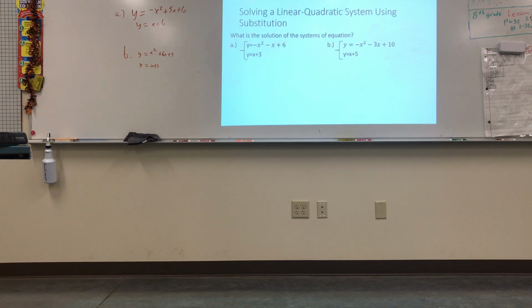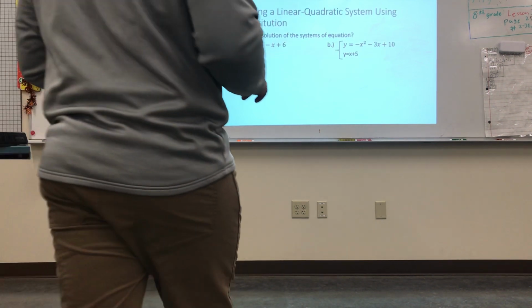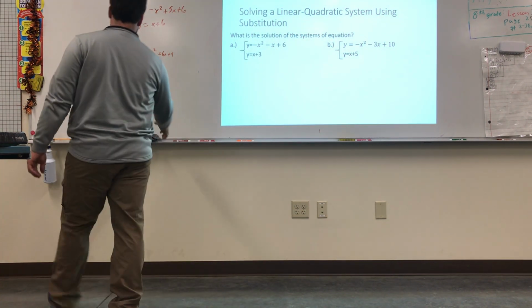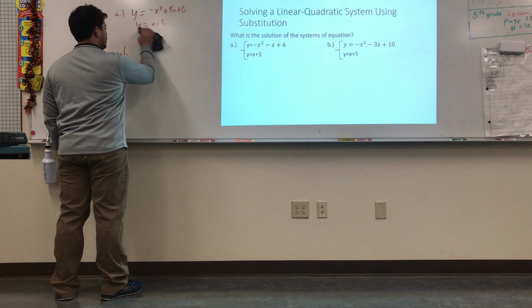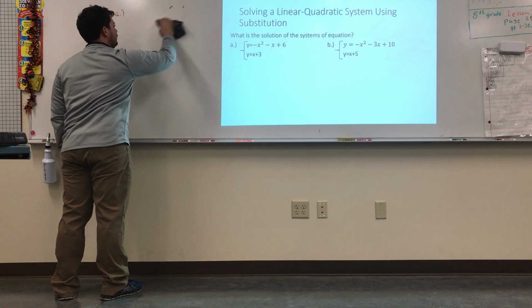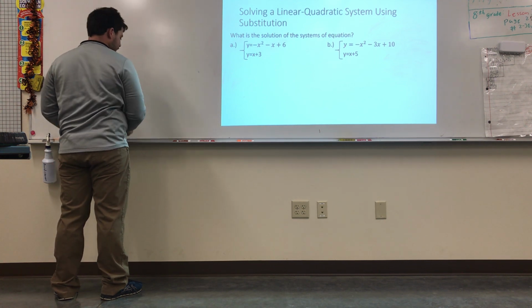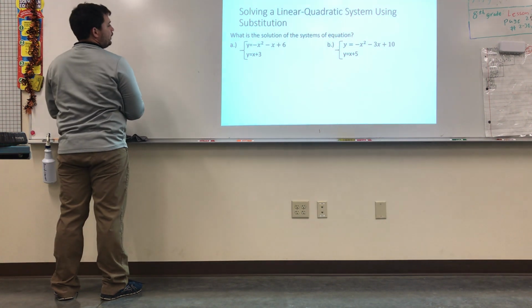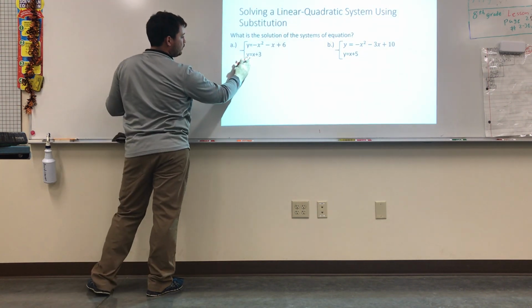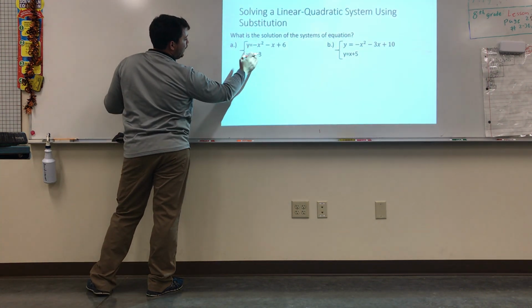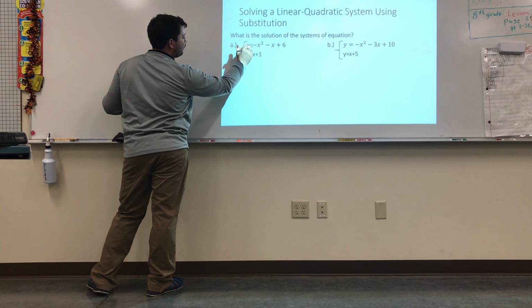Now, graphing is not the only way to figure this out. There's this nice thing called substitution. When we do substitution, there are a couple of different ways that you can do this. This equals y, this equals y. I am going to sub this in for y.